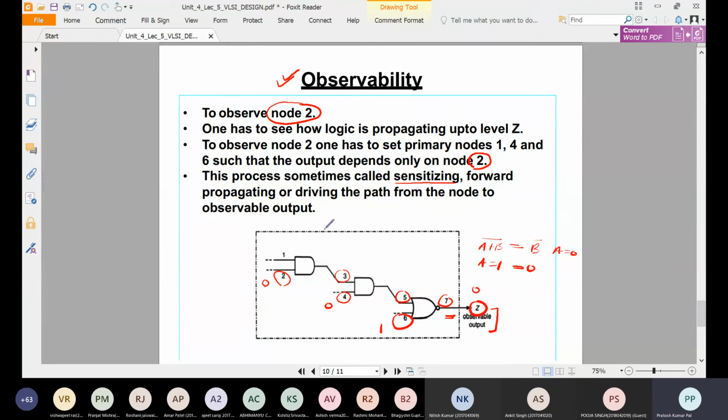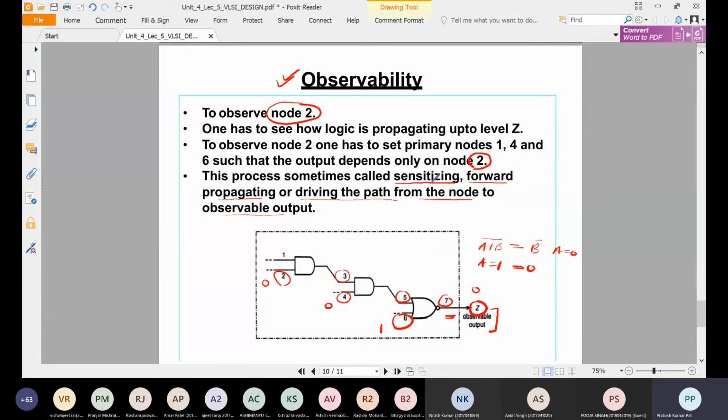Similarly, this process is sometimes called sensitizing. If we are making this node 2 affect Z directly, this is called sensitizing the path, sensitizing the input, or sensitizing this node to the output. We also call it forward propagating, or driving the path from the node to the observable point or observable output.